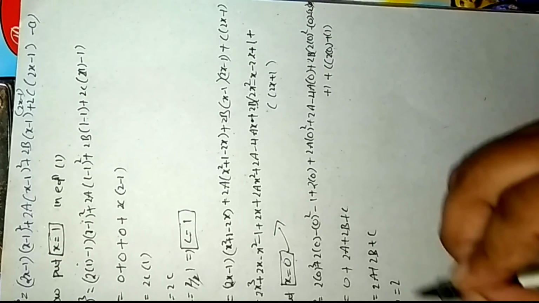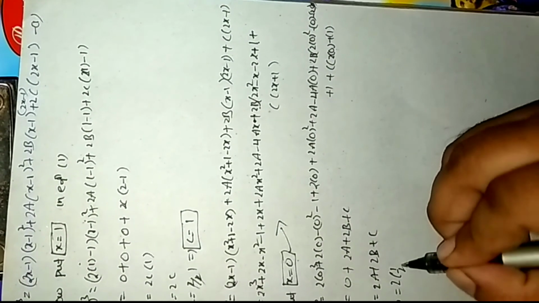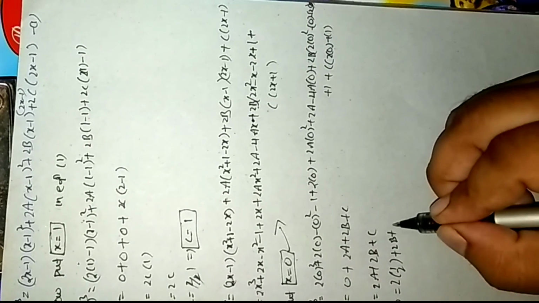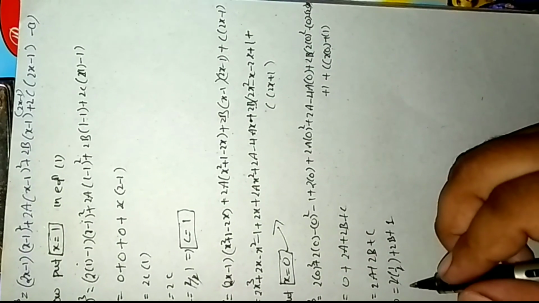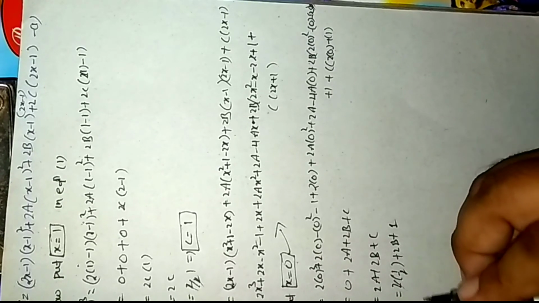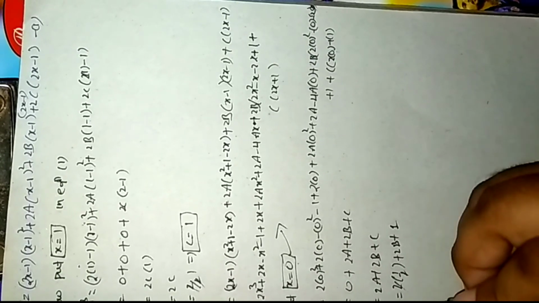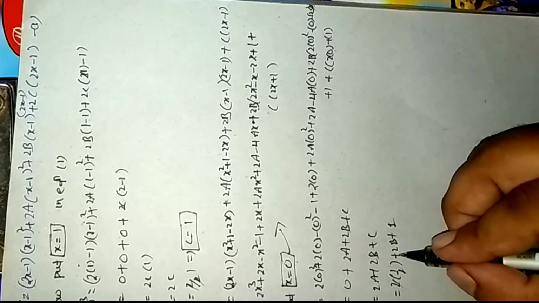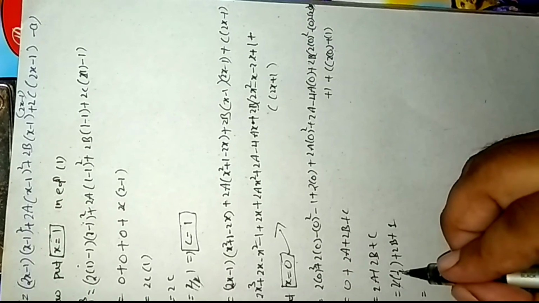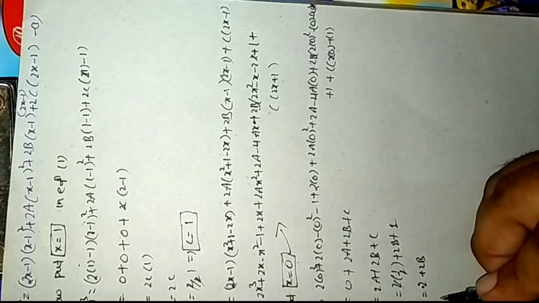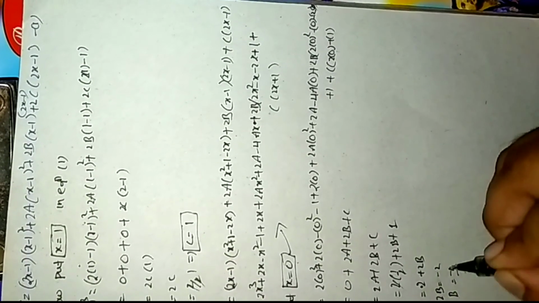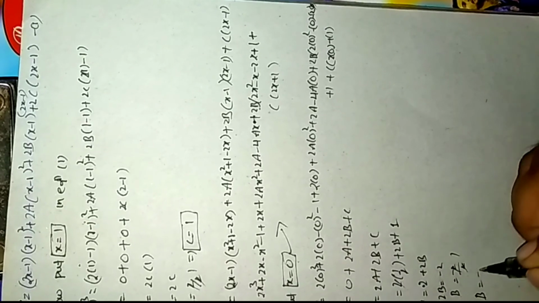Here 0 is equal to 2a, already obtained, so 1 by 2, plus 2b plus c, which is also obtained as 1. This gets cancelled. So 0 is equal to 2 plus 2b, and 2b is equal to minus 2, b is equal to minus 2 by 2, b is equal to minus 1.